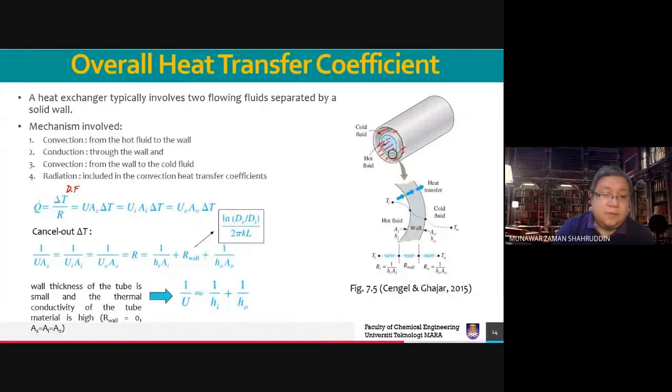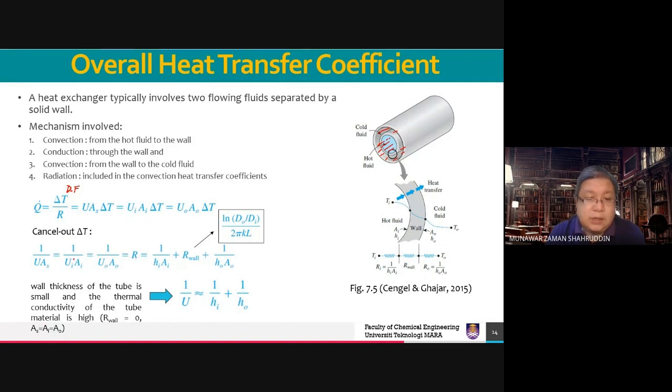So the F over R. When you equate this equation with all the other equations, this one is for the overall equation, this one is for inside, this one is for outside. So you can cancel out delta T, and you can express this relationship between R and U. So 1 over UAs is basically R.